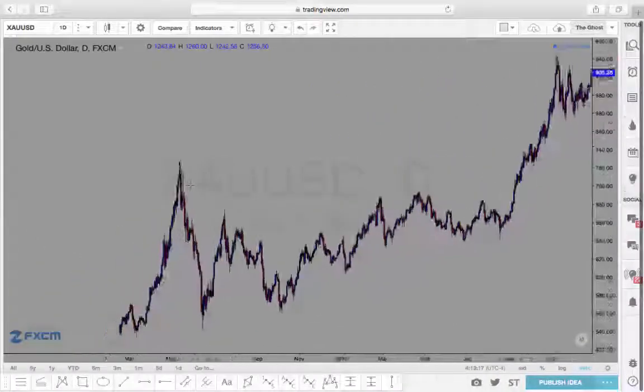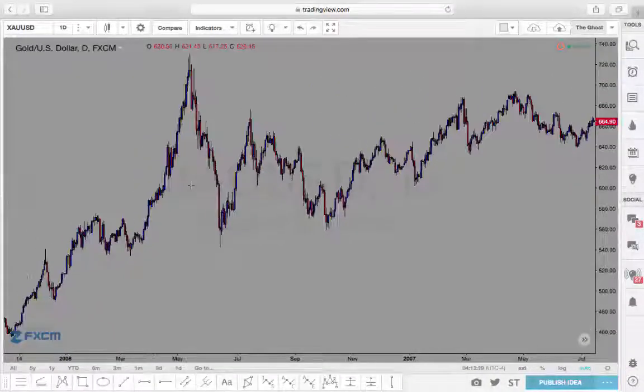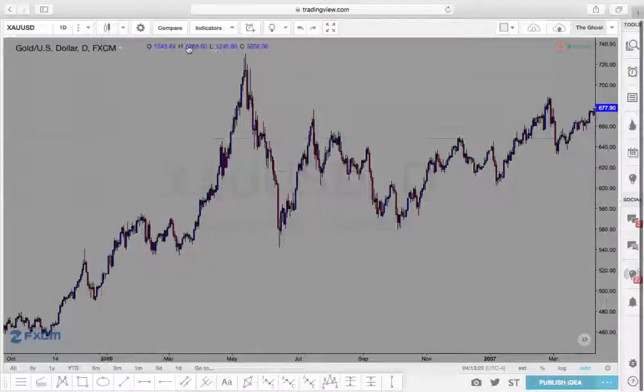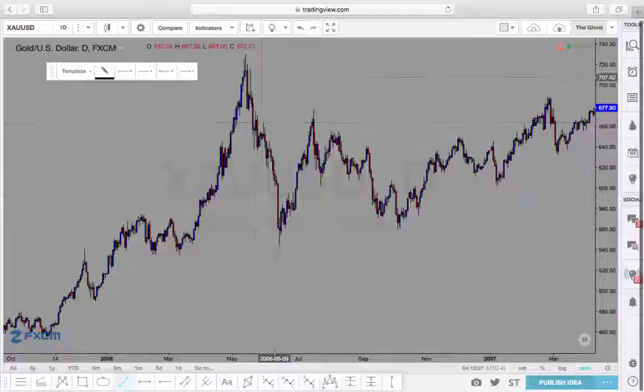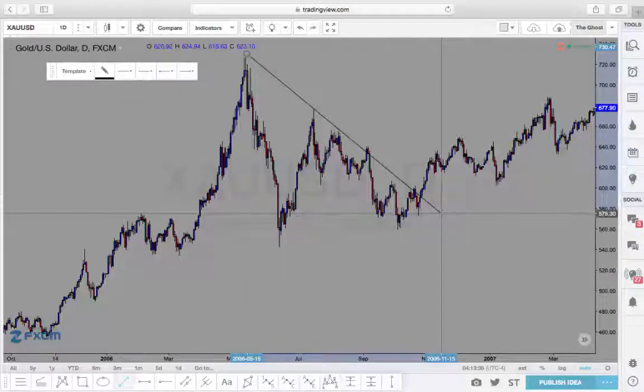We have one possible one right here. Okay. Red on the gold against the dollar on the daily time frame. Now, this is a really nice one because I want you to see it from both sides of the spectrum. We've already seen the ascending market. Now you see a descension. You have the first point of rejection. You have the second point of rejection. Trend line goes straight through, about right here.